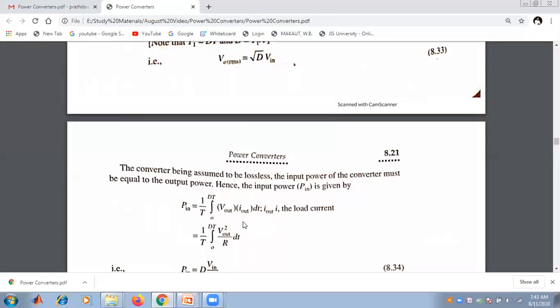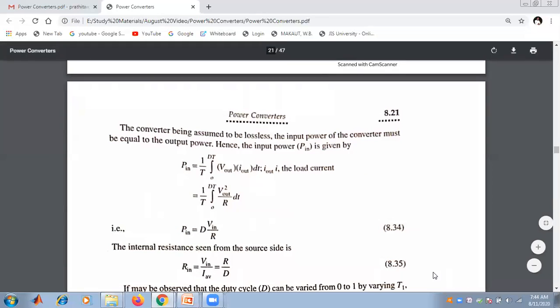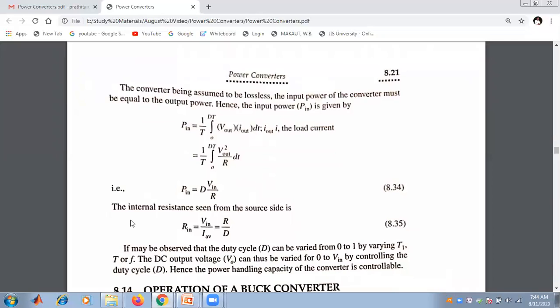The input power can be written as the integration of V out I out dt over 0 to T1, divided by T. After the calculation, the input power P in becomes D times V in squared by R. The internal resistance seen from the source side, R in, is equal to V in by I average, which after putting in the values is equal to R by D.